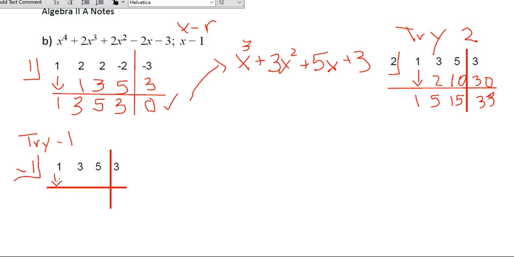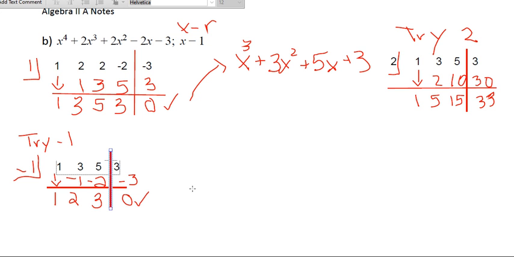So let's bring down our 1. Negative 1 times 1 is negative 1. 3 minus 1 is 2. Negative 1 times 2 is negative 2. So here we go. We're not getting bigger like this one did, so that's good. 5 minus 2 is 3. Negative 1 times 3 is negative 3, which gives me my remainder of 0.